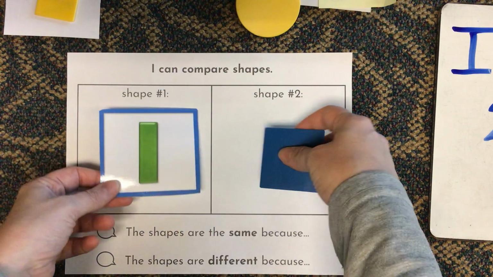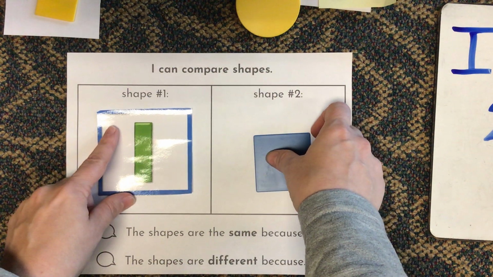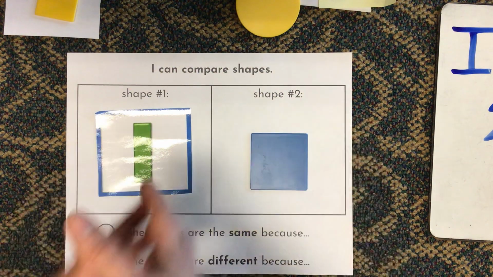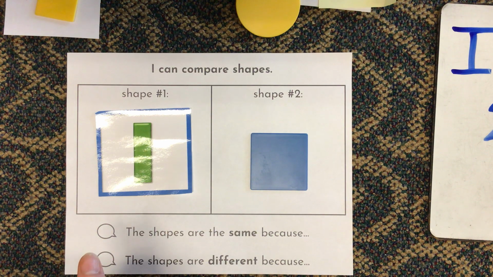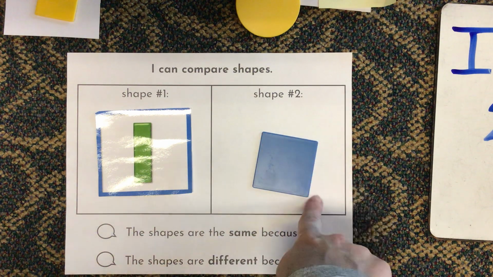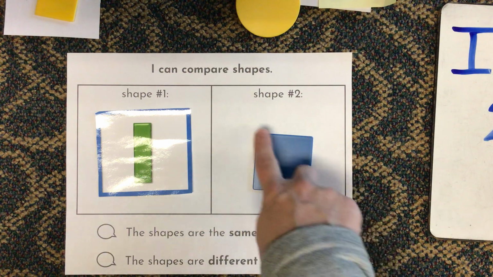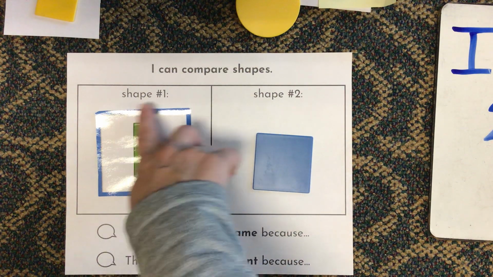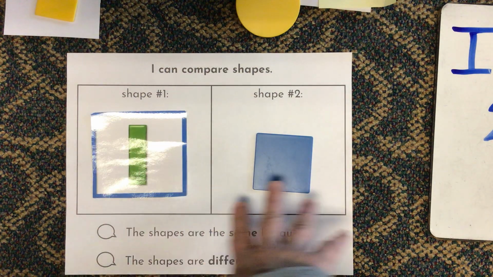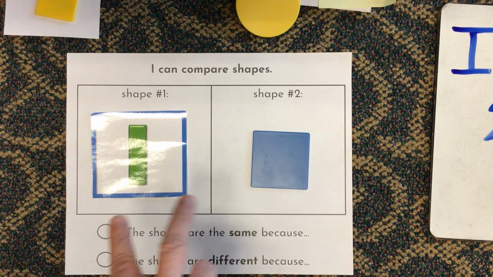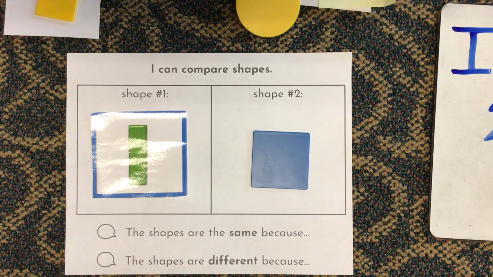What about these 2 squares? How are these 2 squares the same? Yes, they both have 4 corners. They both have 4 sides. And they're both the same shape. They're both a square. Do you see anything that's different between these 2 shapes?